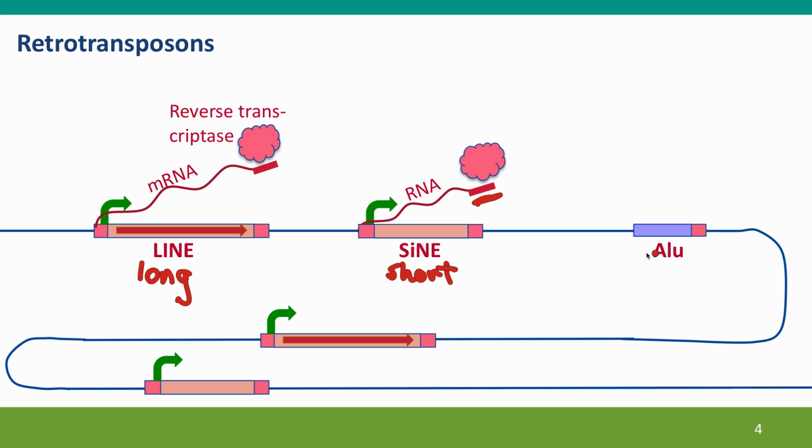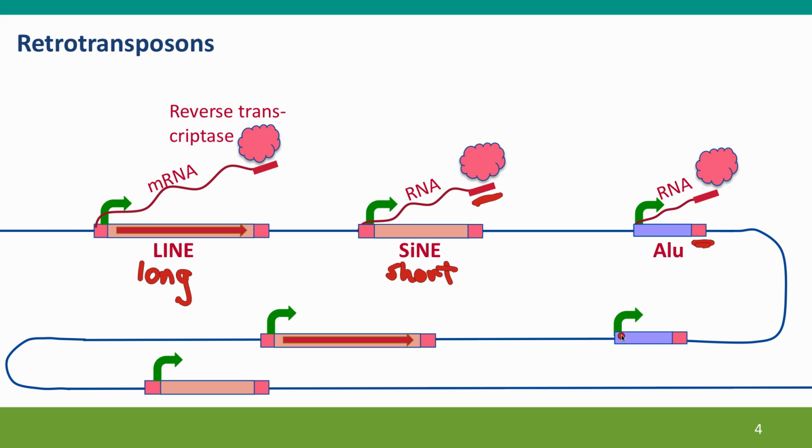And it can act on other elements, in particular the elements called Alu elements, the short 300 base pair elements that we looked at. They also have at their downstream end a copy of the reverse transcriptase recognition sequence, so reverse transcriptase will also act on them.